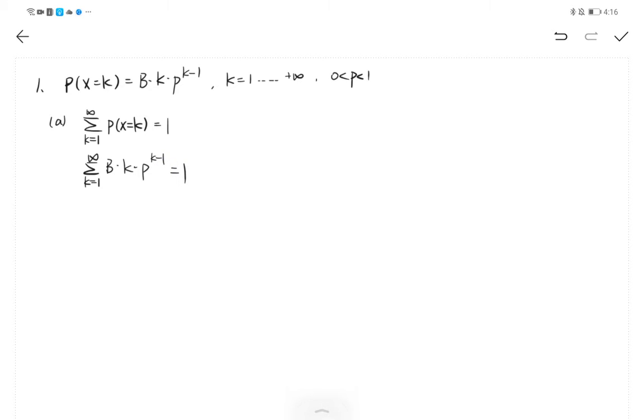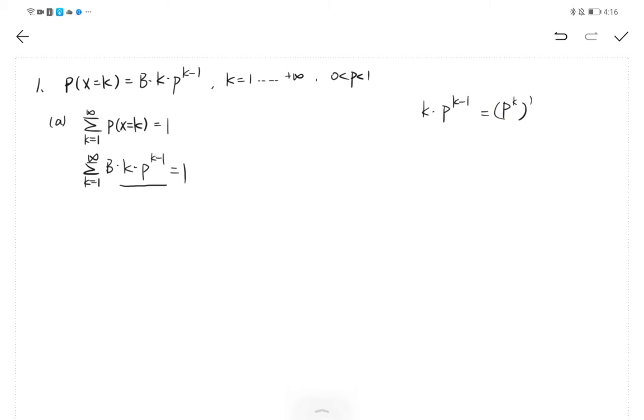And then we should compute this form. Through observation, we can see that k multiply p to the power k minus 1 is the derivative of p to the power k.